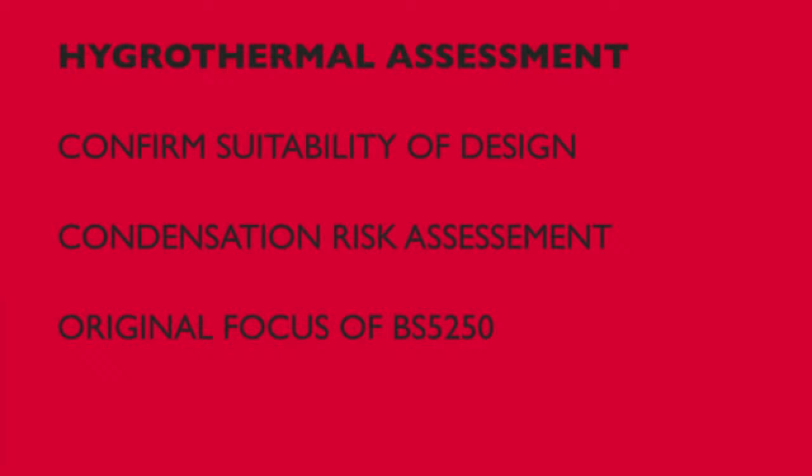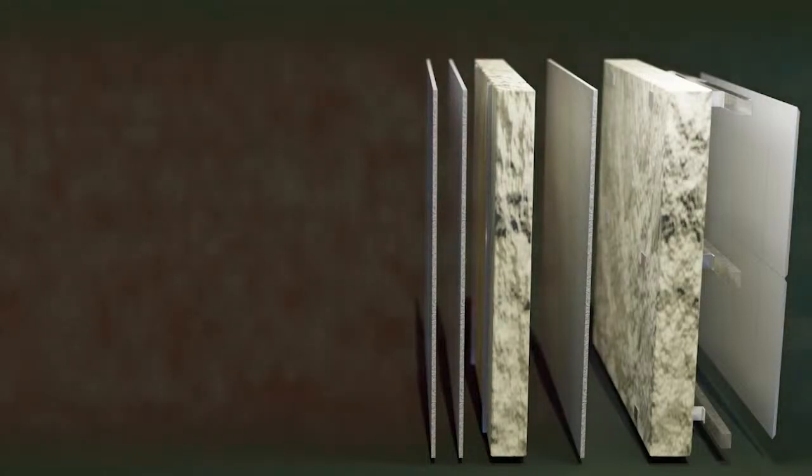The 2021 edition, however, has broadened its scope to encompass the risks associated with building moisture in general, regardless of its source, and this holistic approach to hygrothermal design is something we've long advocated here at the Proctor Group. BS 5250 specifies two methods for assessing condensation risk and discusses the pros and cons of each.